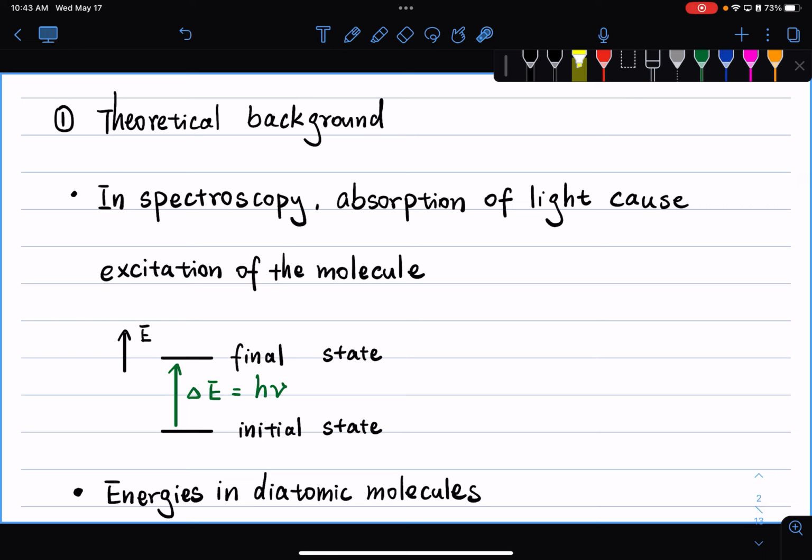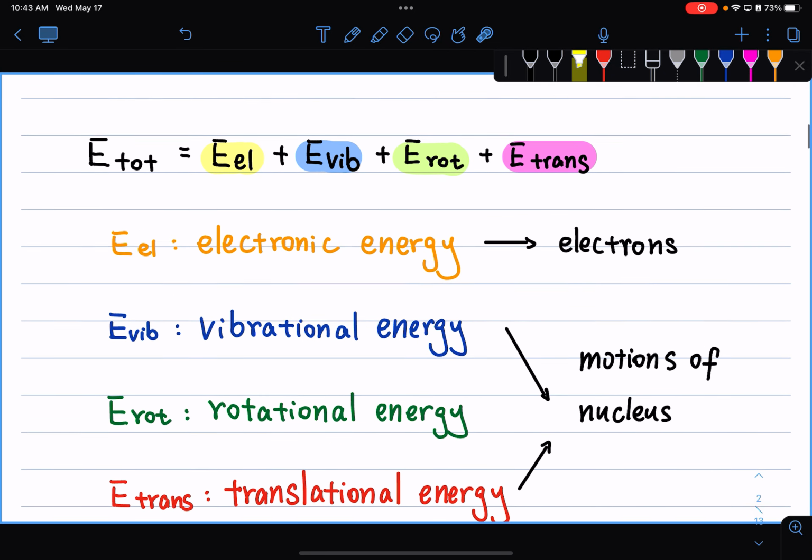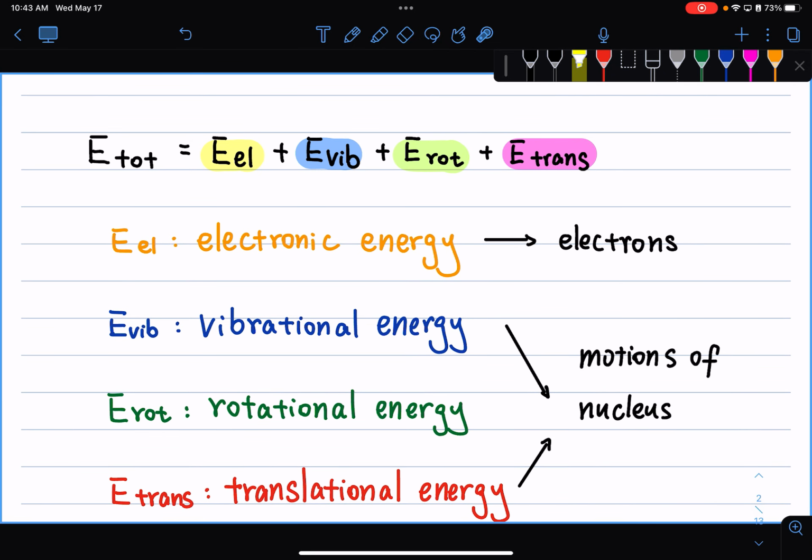So depending on what wavelength you're using, you can probe different kinds of states. It can be an electronic state, a spin state, or when we're talking about infrared spectroscopy, a vibrational state.